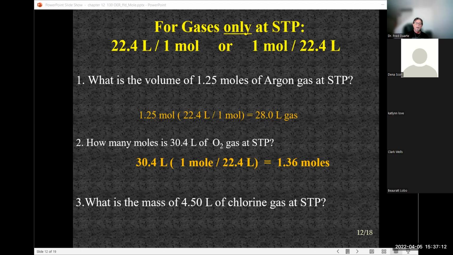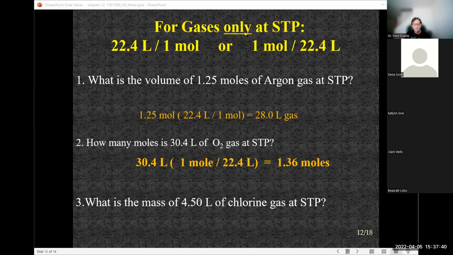All right, so in examples 1 and 2, we started off with moles, went to liters, then we went from liters back to moles, okay? Here, in the next one, they're asking you to go from liters to mass, okay, to get a weight.